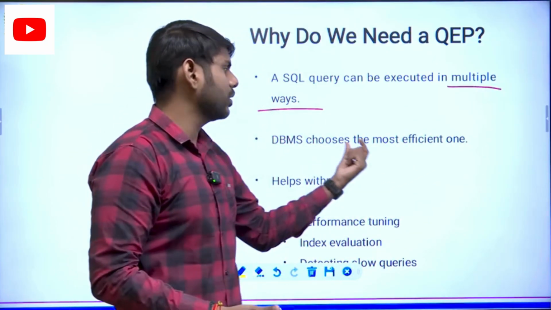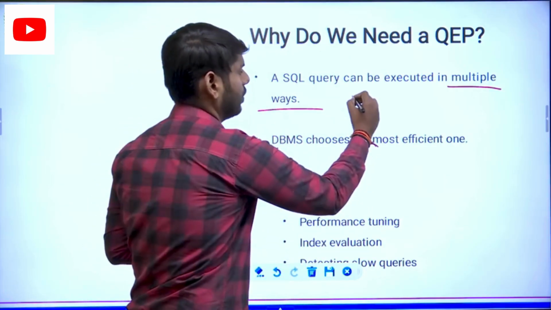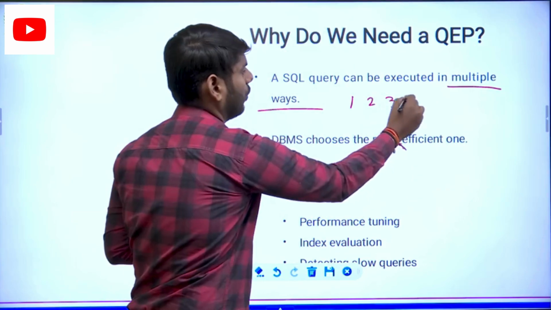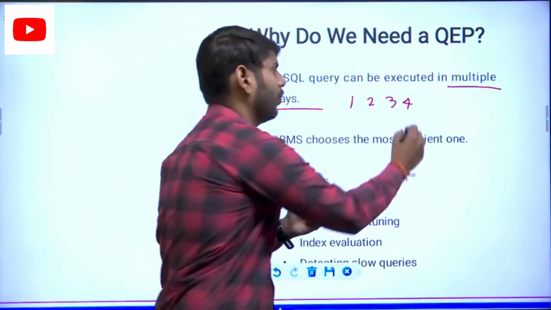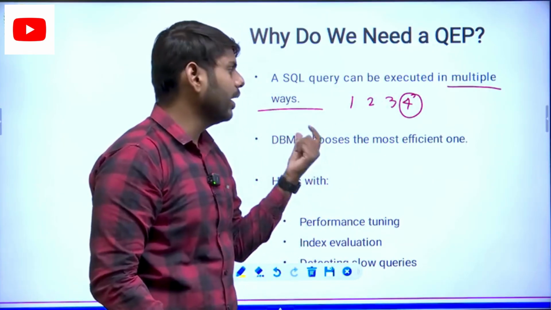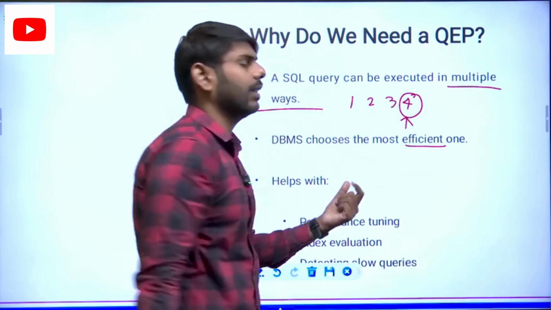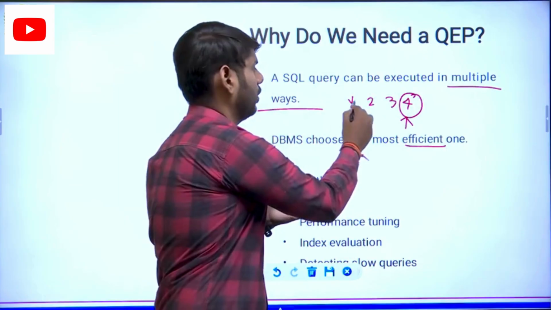So the DBMS chooses the most efficient one. For example, if we have multiple ways like 1, 2, 3, 4, and the fourth one is the best and most efficient way to execute that query, then your DBMS will select that way, not the others.